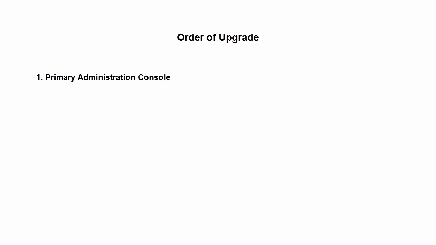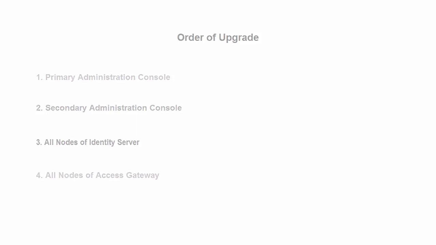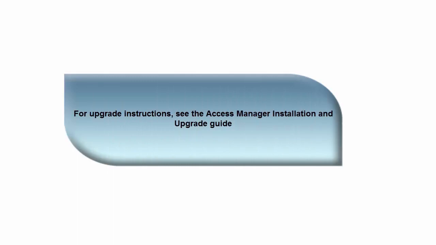To summarize, we first upgrade the primary administration console, then the secondary administration console, all the nodes of Identity Server, and all nodes of Access Gateway. For upgrade instructions, refer to the Install and Upgrade Guide.